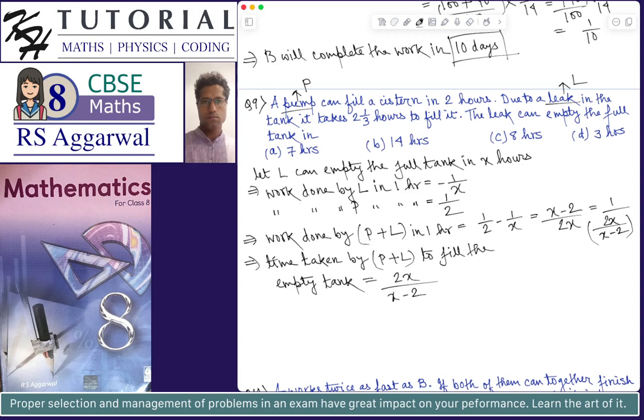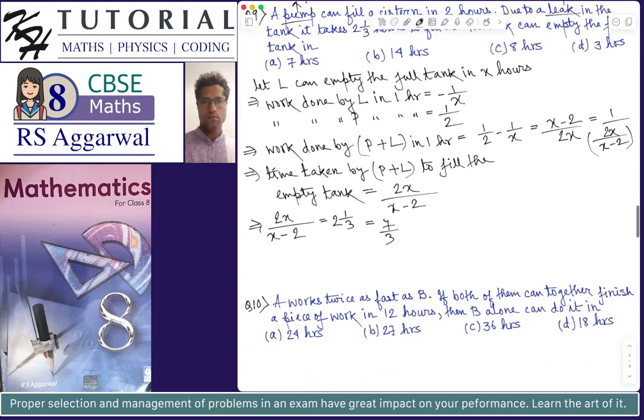So in this case, work done by P plus L in 1 hour is 1 by 2x by x minus 2, so the whole tank will be filled by P plus L, that is when both the pump P and the leak are working together, in 2x by x minus 2 hours, which is equal to 2 and 1 by 3 hours, which is given in the problem. So 2x by x minus 2 is equal to 2 and 1 third, which is equal to 7 by 3.